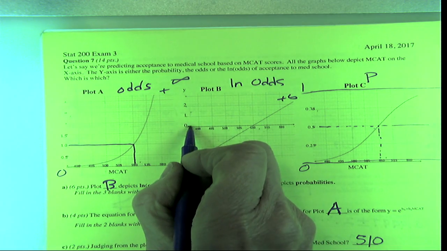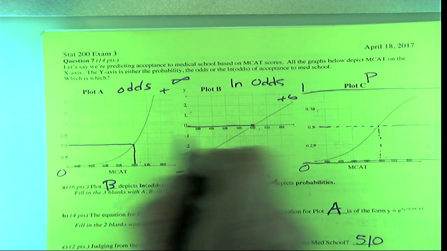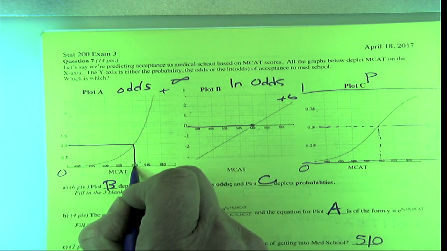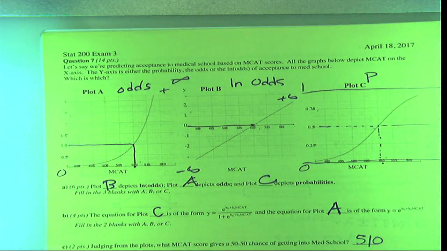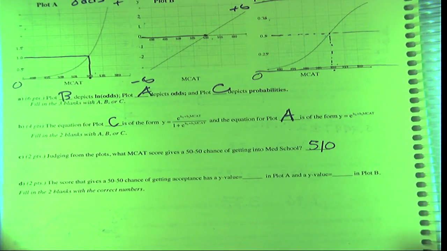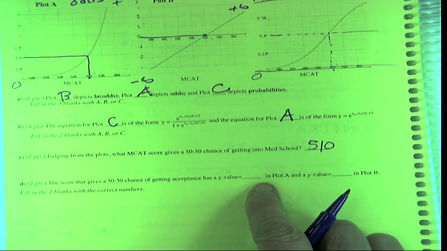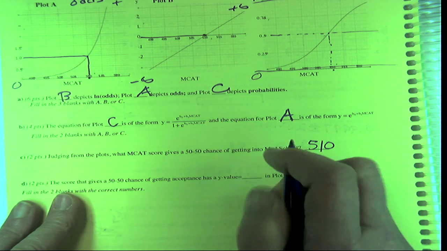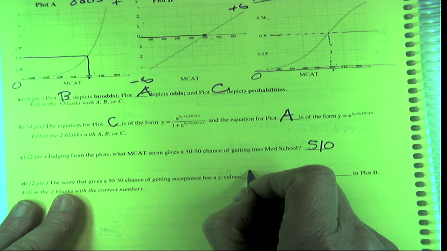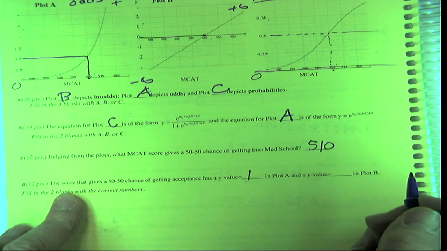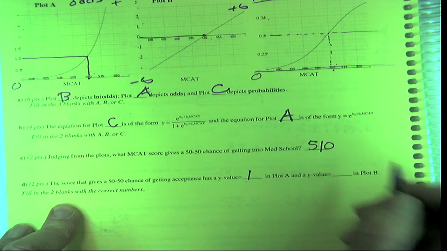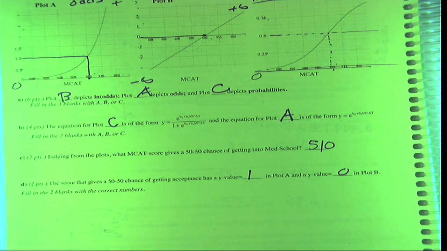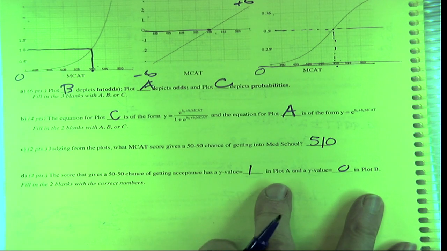And a log odds of 0, that's the easiest to read. They all agree. The y value here for plot A is 5. The y value, not the x.